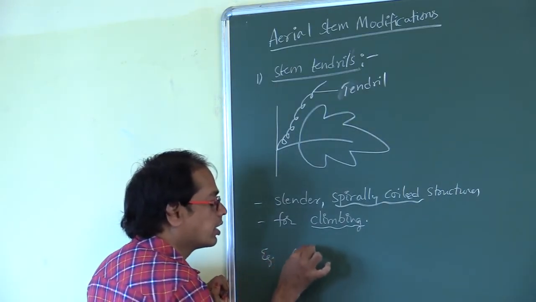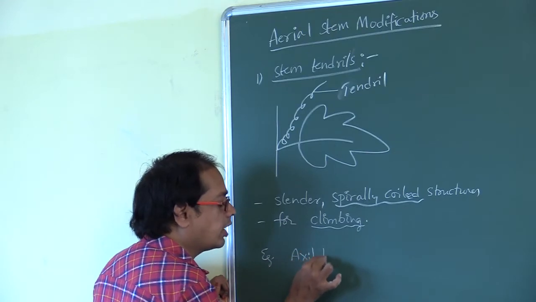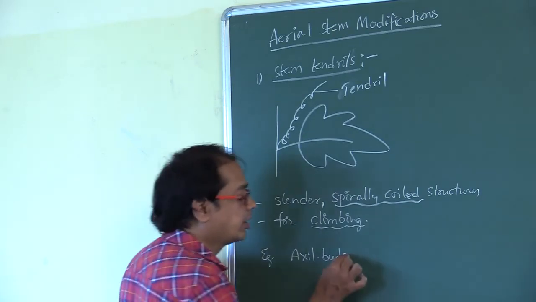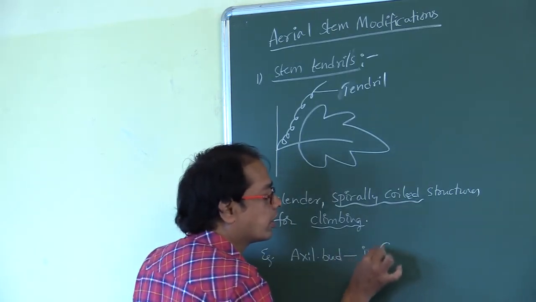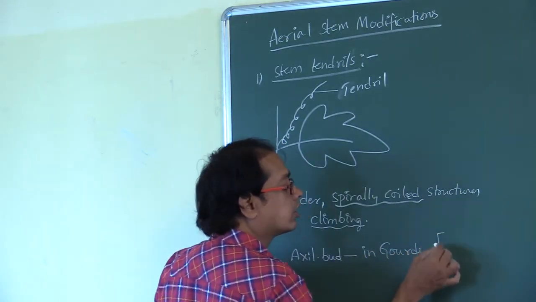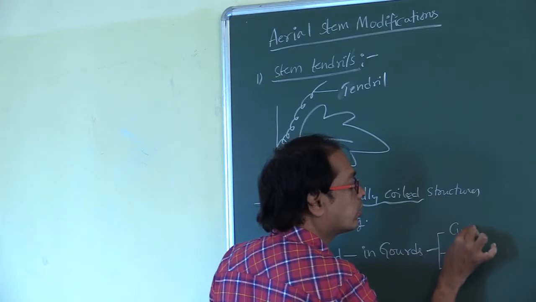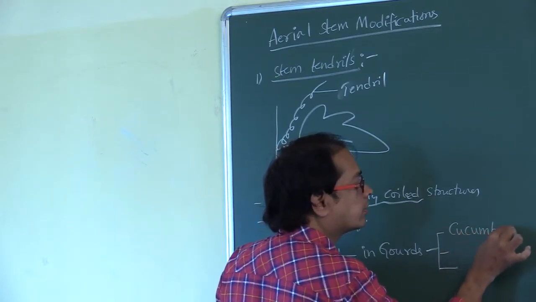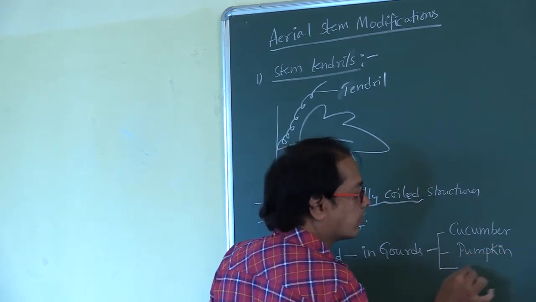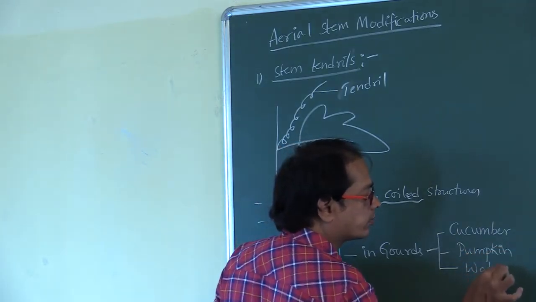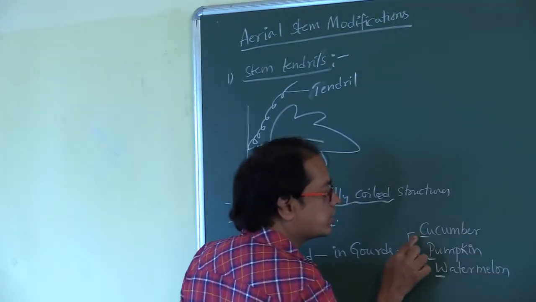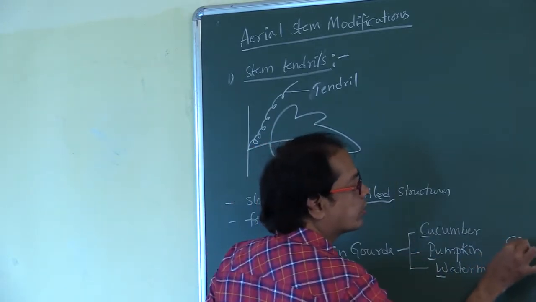What are the examples? The axillary bud is modified into a tendril in gourds like cucumber, pumpkin, watermelon. The CPW code.